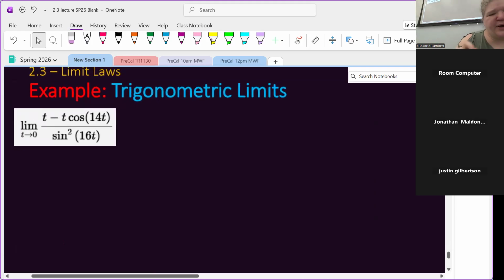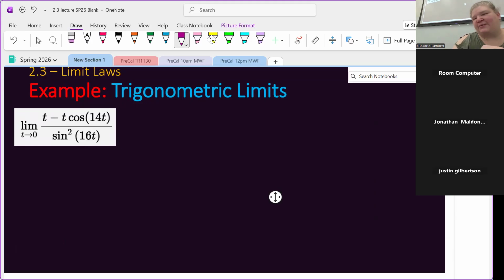Sorry, at first look, my brain thought it saw a different way to do it, but then I realized that this is cosine of 14t, and on the bottom, this is sine squared of 16t. So even if I changed out the bottom and wrote it as 1 minus cosine squared, I can't get a cancellation between the top and the bottom because they're not of the same variable. The 14 versus the 16 screws that up. If they were the same variable, then that is absolutely a way to attack this one.